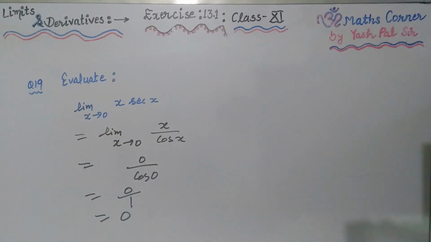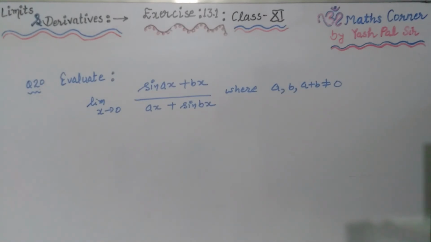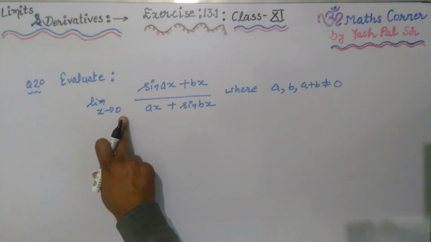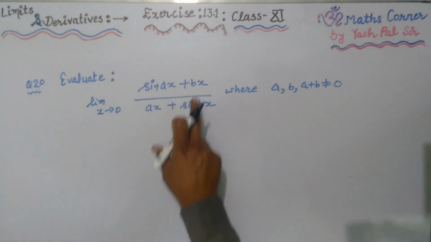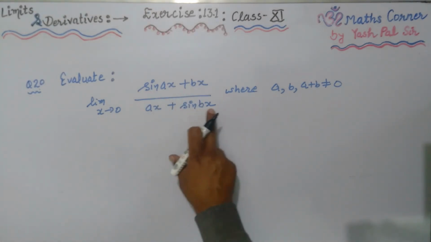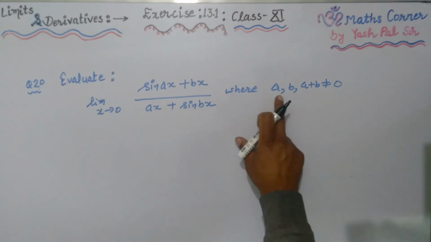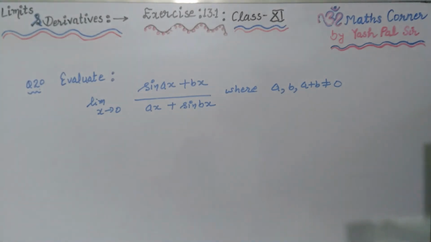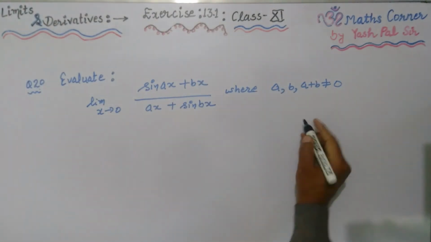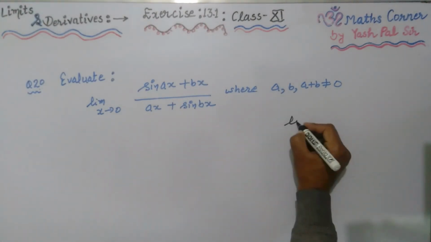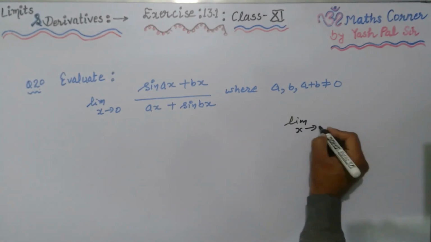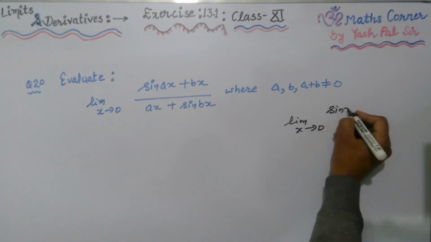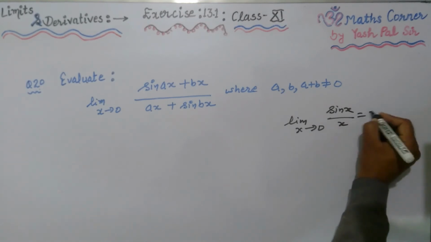Now next, question number 20. The statement is evaluate the limit x approaches 0 of sin of ax plus bx whole divided by ax plus sin of bx, where a, b, and a plus b are not equal to 0. So how to solve this question? Once again we have the standard limit x approaches 0 of sin of x divided by x, whose value is 1.